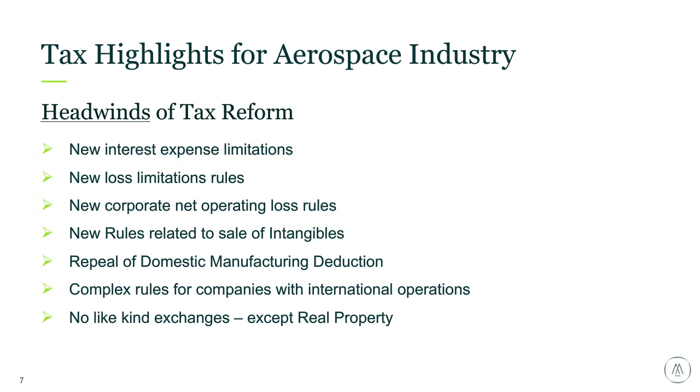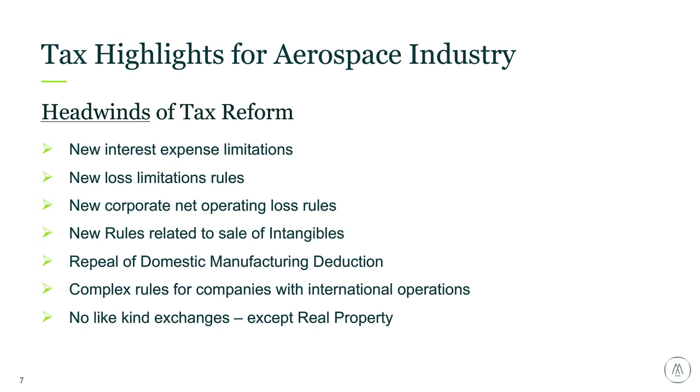One last one that I want to mention before diving into some of the business tax reform is related to like-kind exchanges. Under old law, like-kind exchanges applied to real and tangible personal property. Now it's just for real property.